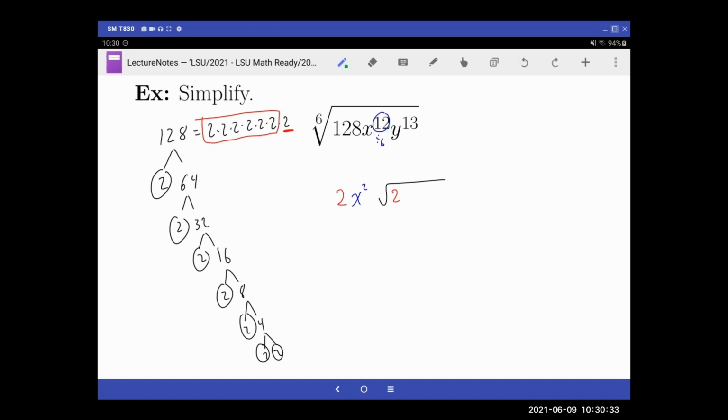But what is 13? Well, that's y to the 12th times y to the 1st. So this one will divide evenly with the 6. If I divide that 12 by 6, I get y squared. And I have this y left over. So let me rewrite that. 2x squared, y squared, the sixth root of 2y.